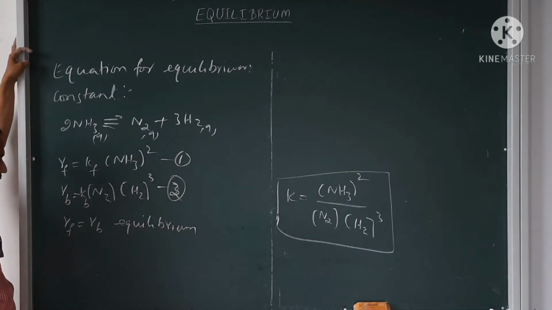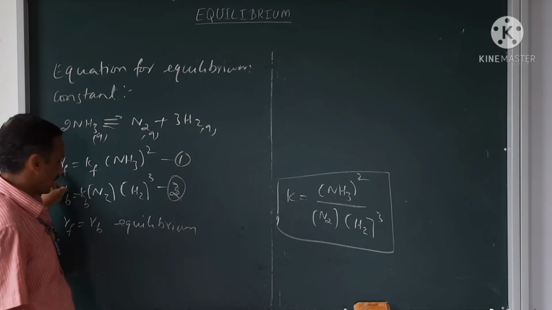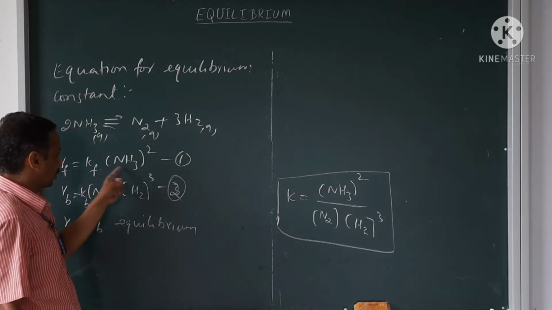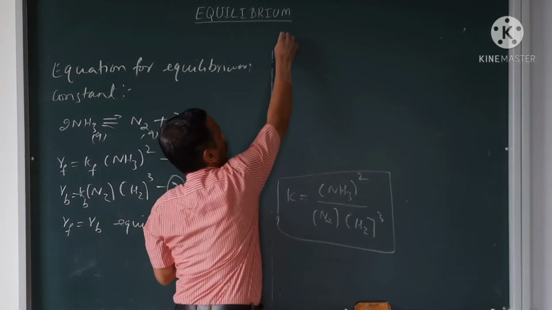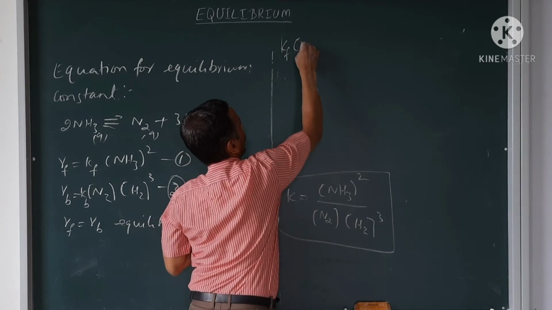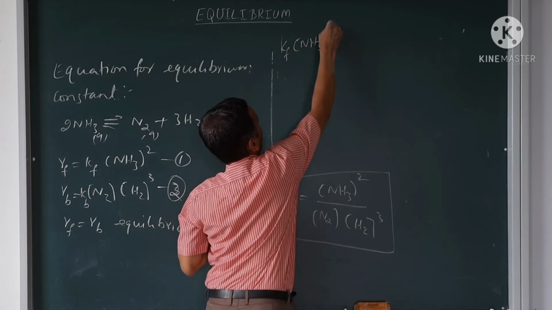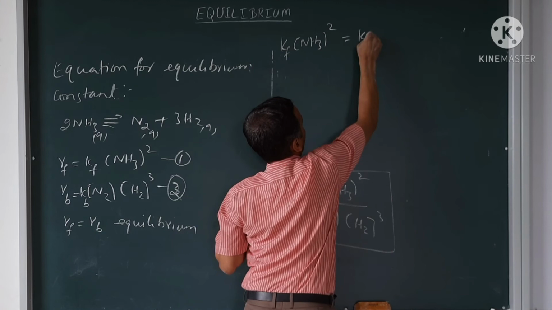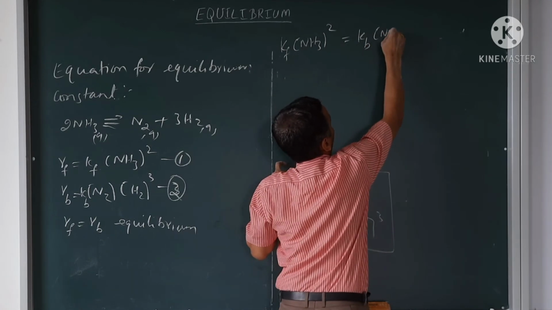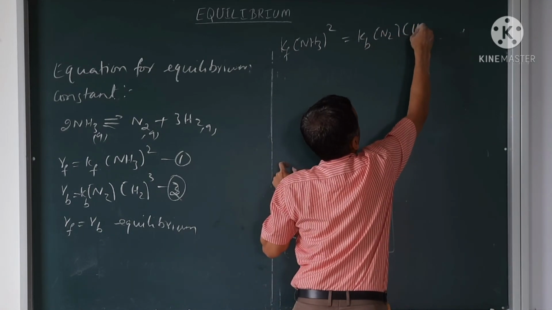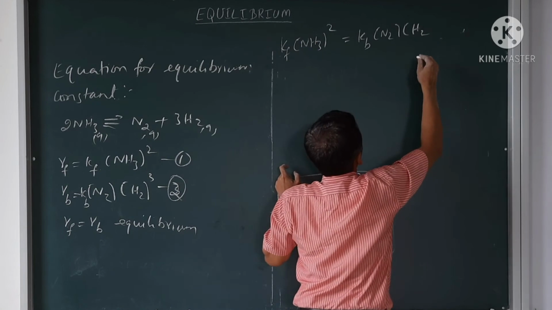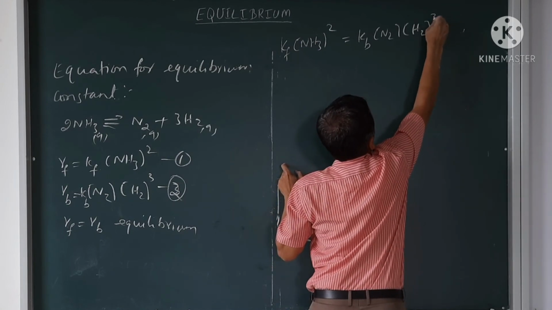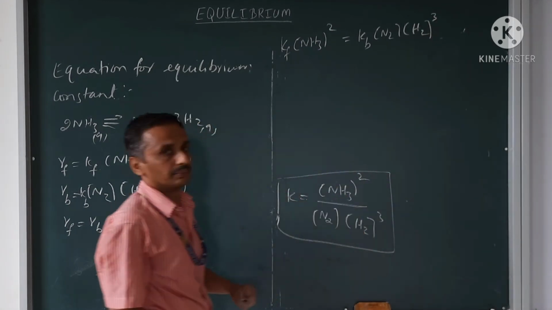So what happens here? As Rf and Rb are equal to each other, Kf into NH3 to the power 2 is equal to Kb into N2 into H2 to the power 3.